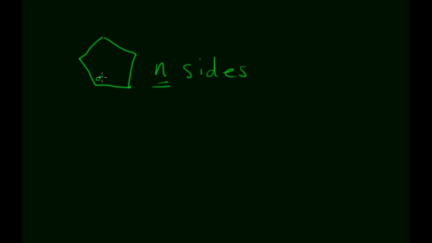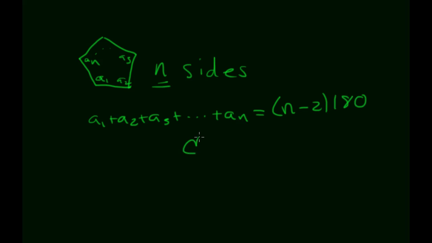Then I take these angles, A1, A2, A3, out to AN. If I add up those angles, so if there's n sides, there's going to be n angles. The sum of those angles is n minus 2 times 180 for any convex polygon.